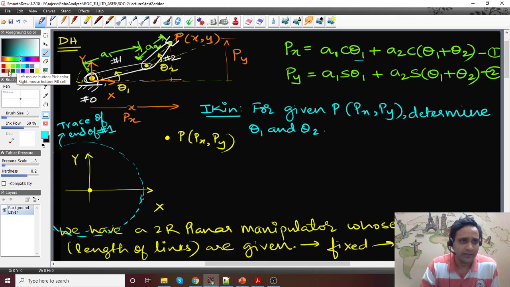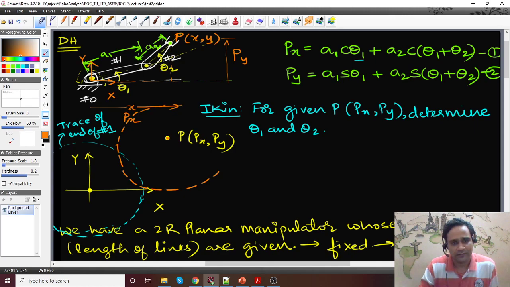Similarly, now let's look at it from the other point, because we know that our end point has to reach here. So what we can possibly do now is we can also have another circle drawn like this, which is centered at the point P. So this is trace of start point of link number 2.